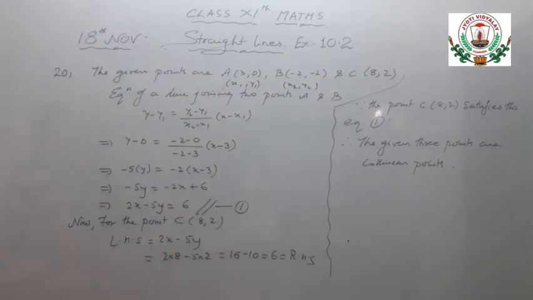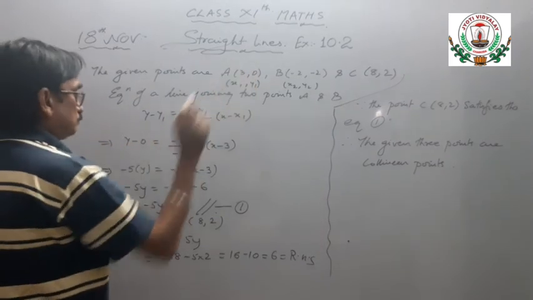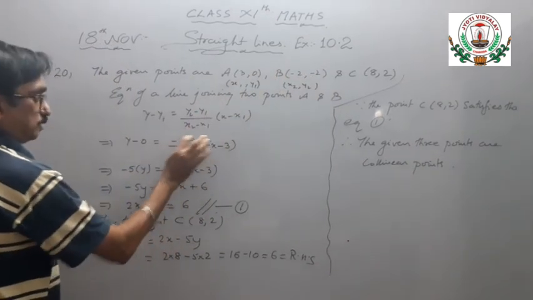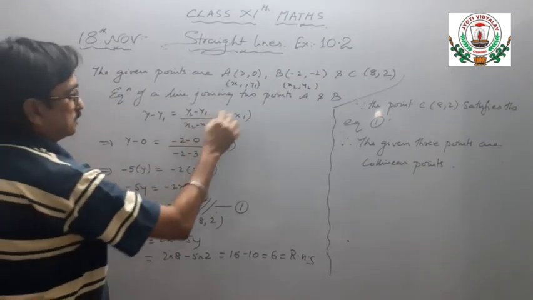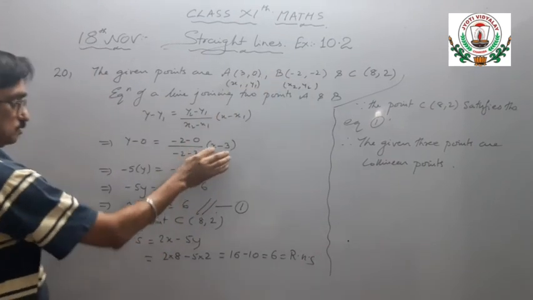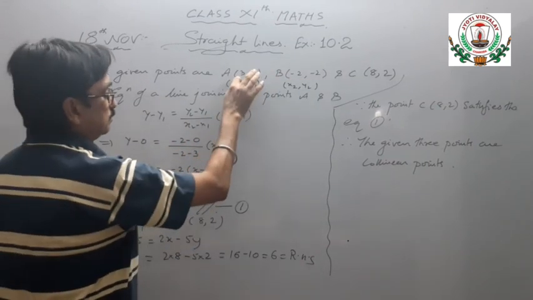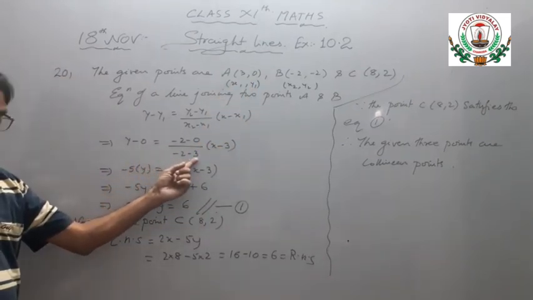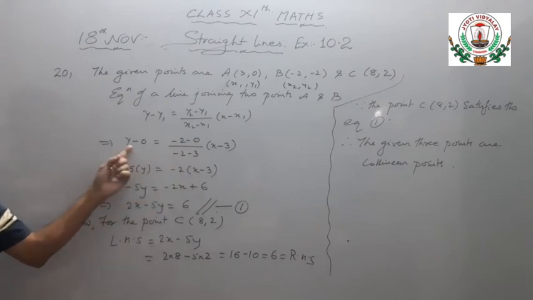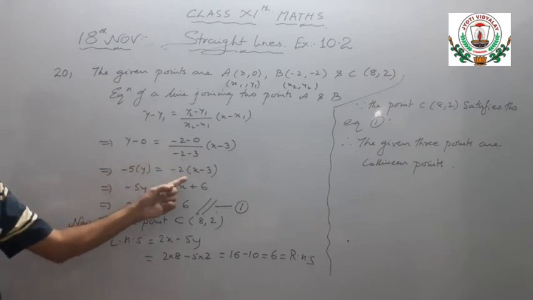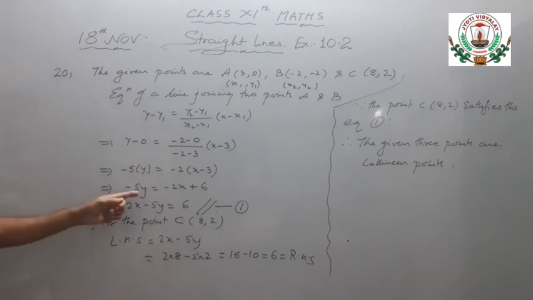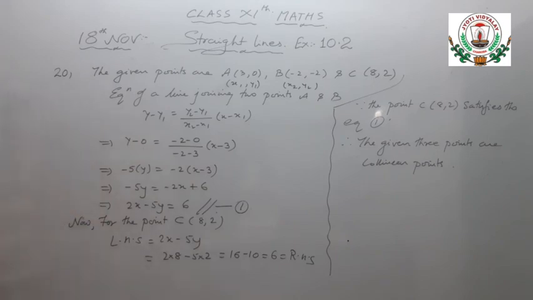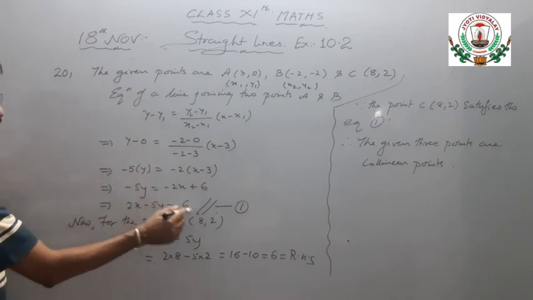So y minus y1, that is 0, equals (-2 minus 0) upon (-2 minus 3) into (x minus 3). So -2 minus 3 will become -5. Cross multiplying, -5y equals -2 into (x minus 3). -5y equals -2x plus 6. Now just transpose it: 2x minus 5y equals 6.